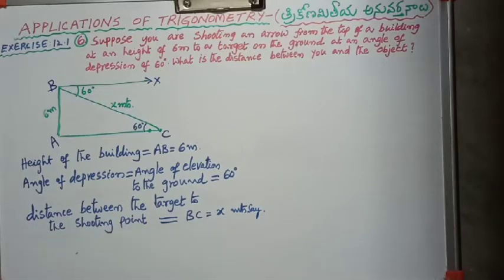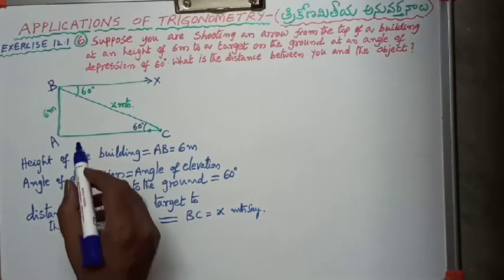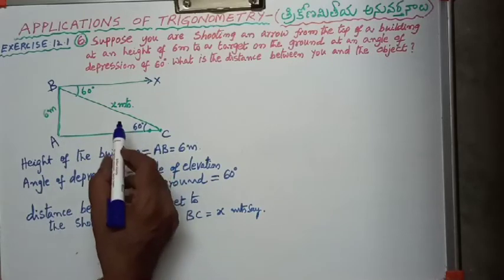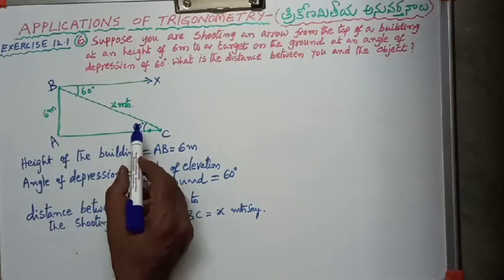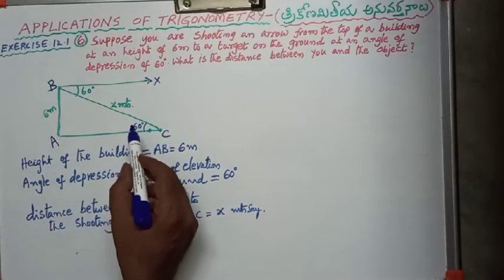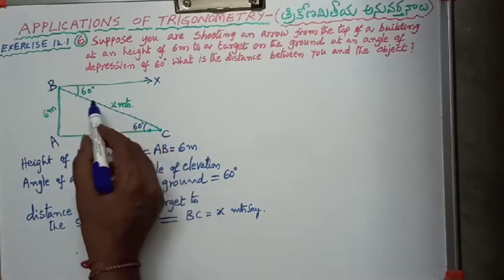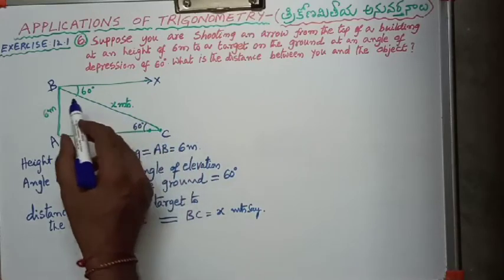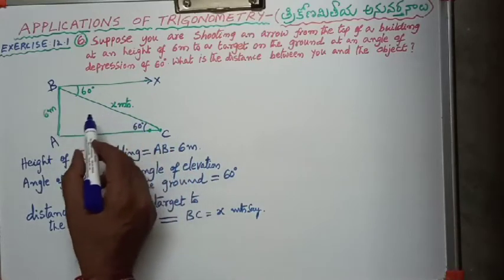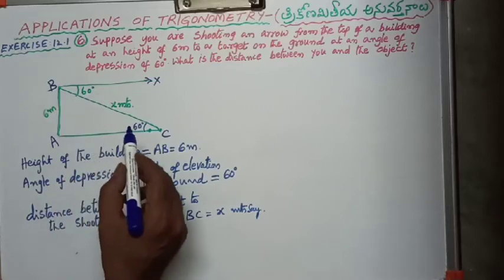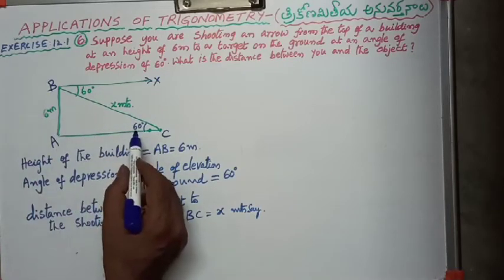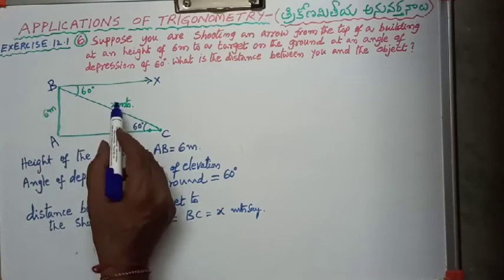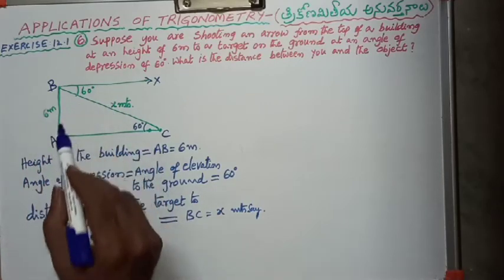So now from the figure, take sine 60 degrees, because here we have to find the x value. BC is the hypotenuse in this right angle triangle, and AB is the opposite side to 60 degrees. Opposite side over hypotenuse, that's why we have to take sine.